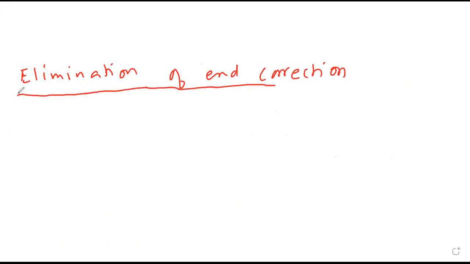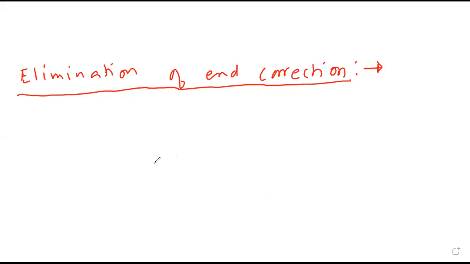Elimination of end correction means how we can eliminate that end correction part and still get correct answer. This is the meaning of elimination of end correction.